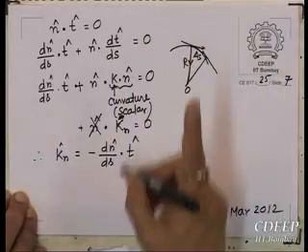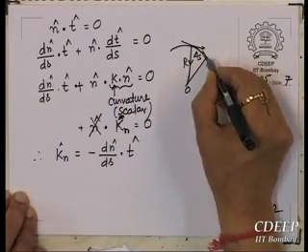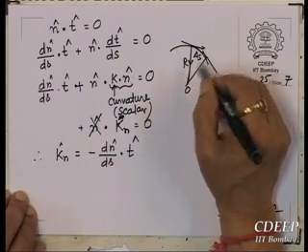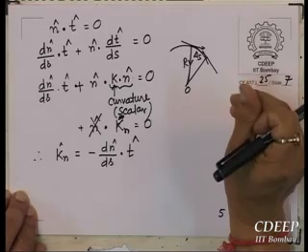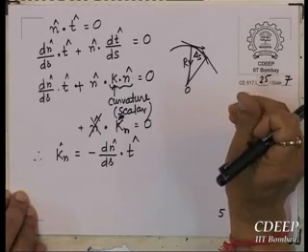If you draw normals at two points, how do you get the normal? By T1 cross T2. The normal at any point is defined by T1 cross T2.